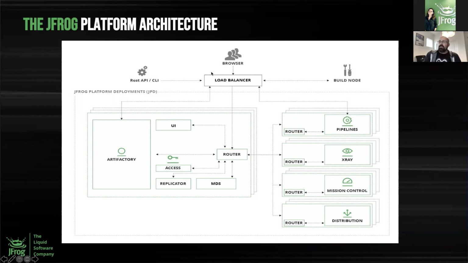You can have highly available instances of Artifactory, of Pipelines, of Xray, of Mission Control, of Distribution, and at the end of the day, you have a load balancer that manages all this HA. Obviously, everything is scriptable. Everything is available through REST API and the JFrog command line interface, JFrog CLI, and the build nodes which Pipelines uses are also available on whatever build node you need for your own builds.